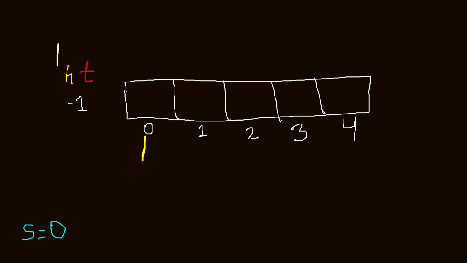The max length of the array is 1, 2, 3, 4, 5, a total of 5 elements. So whenever the size of this array reaches 5, that means the array length is also 5, and we can say that the queue is full, right?